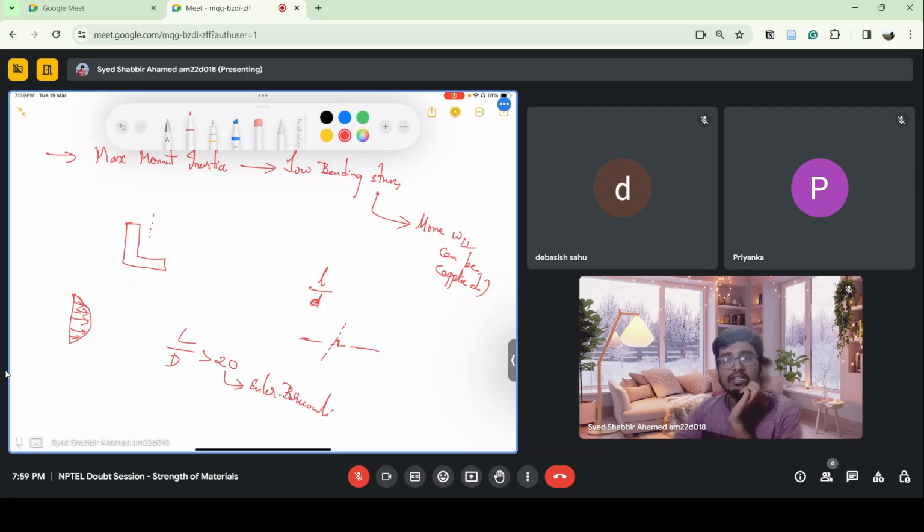So one area can be that. I think these three options you can explore if you want to do MTech from, let's say, IIT.